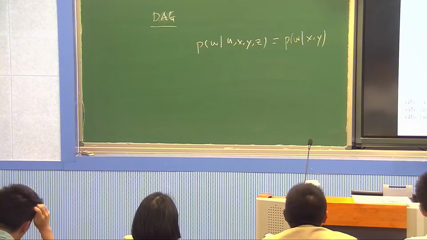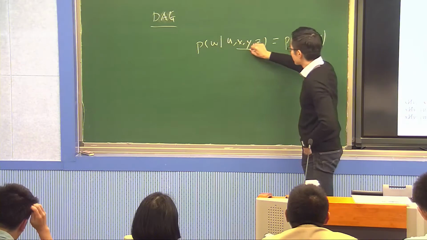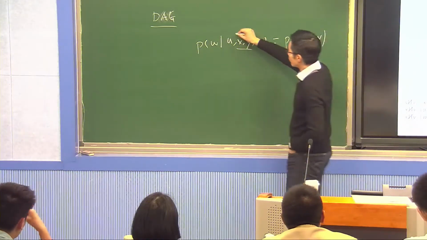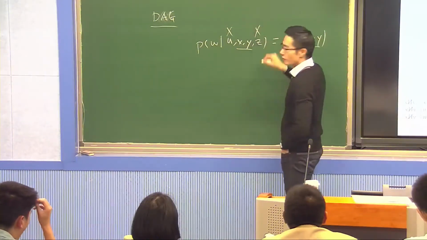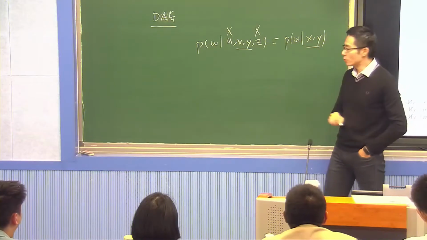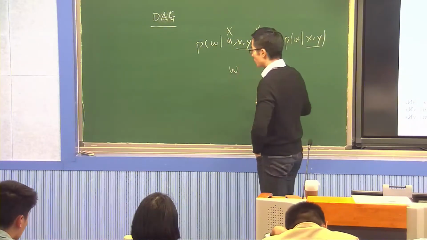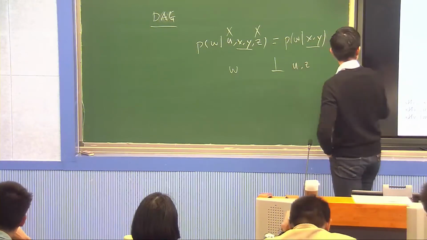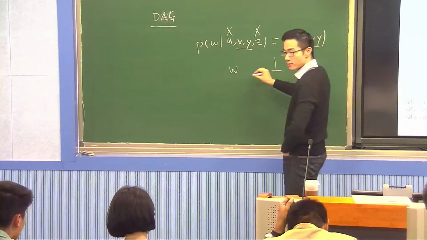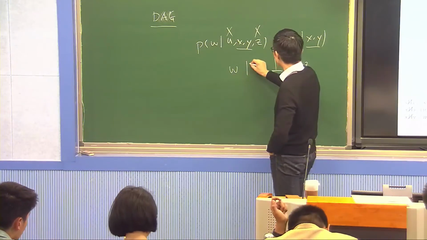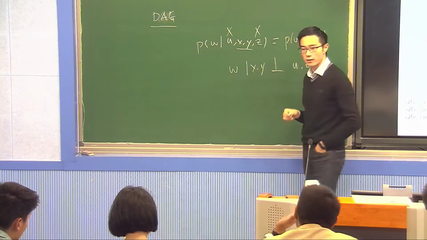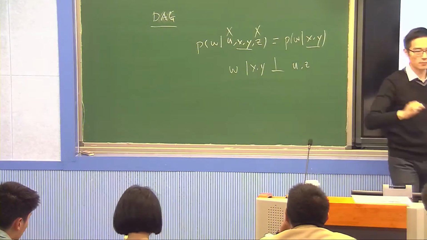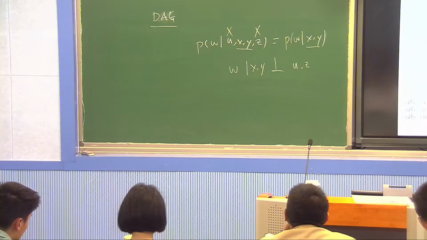As long as I give you x, y, we don't need information on u or z. In other words, w will be independent of u and z, conditional on x, y. The parents fully specify the children.